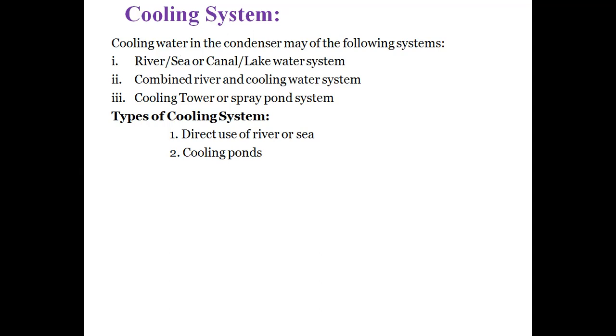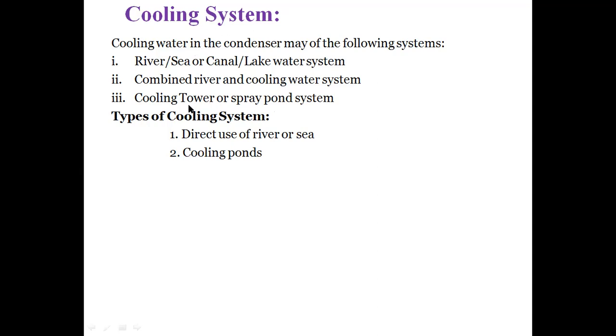However, it is not always possible to locate central stations near the source of the supply, and it becomes necessary to use the same water over and over again by cooling it in a suitable device. Such devices commonly employed in the power stations are given below: combined river and cooling water system, cooling towers or spray pond systems.